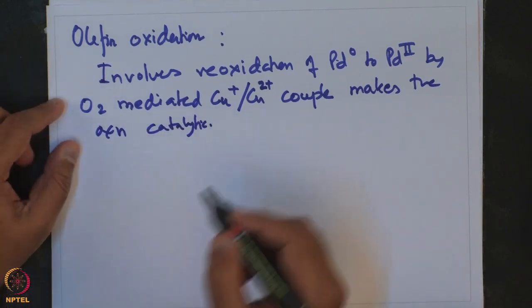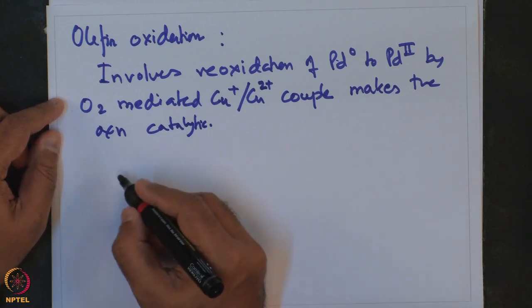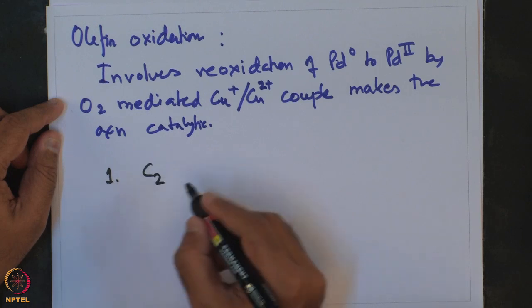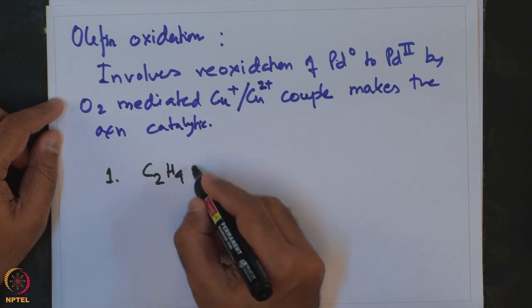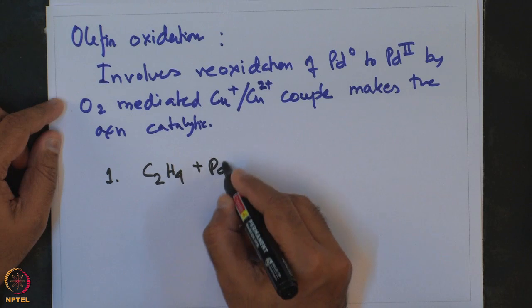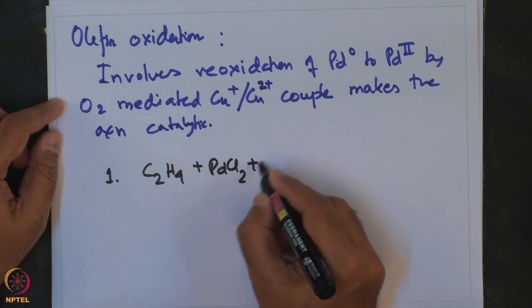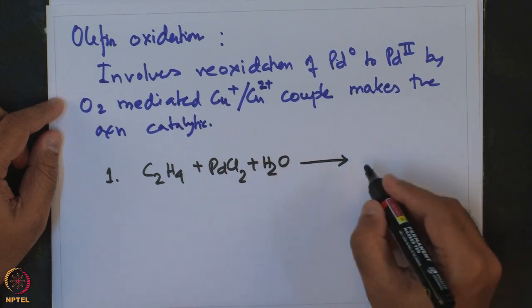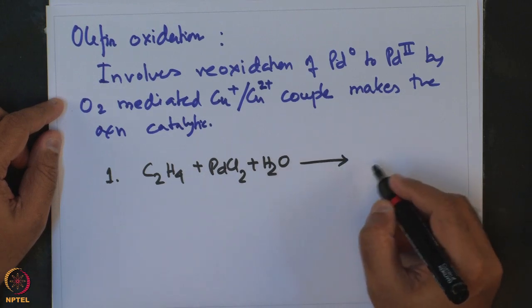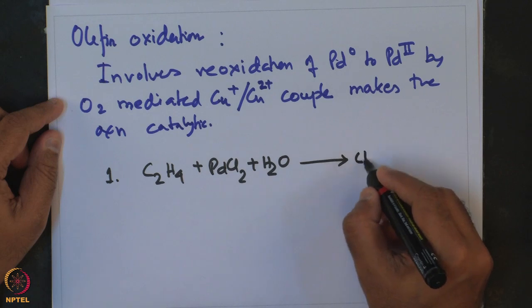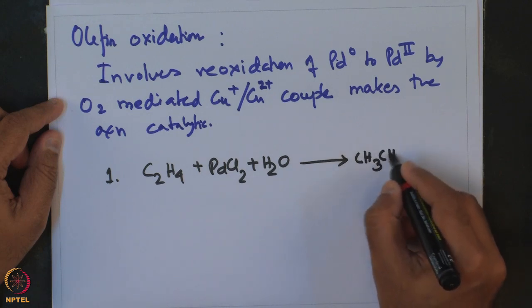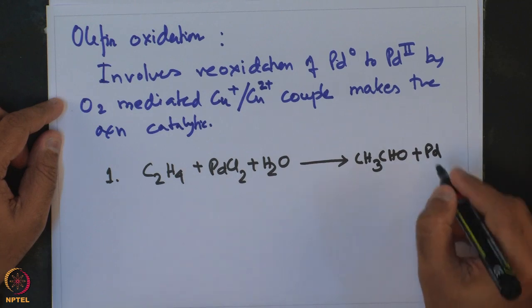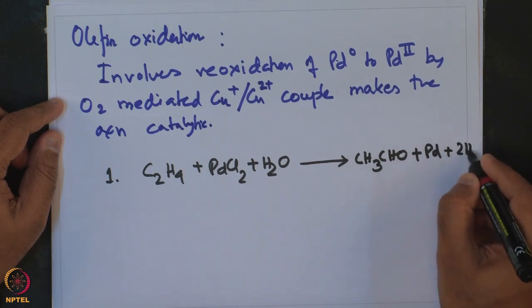The elementary steps are given by these equations. First, C2H4 plus PdCl2 plus H2O gives CH3CHO plus Pd plus 2 HCl.